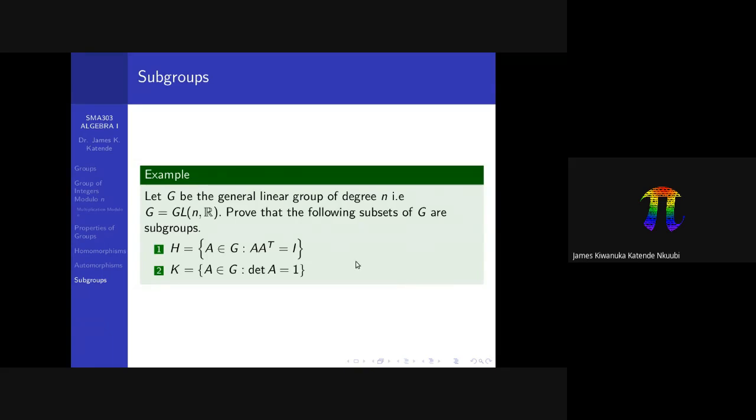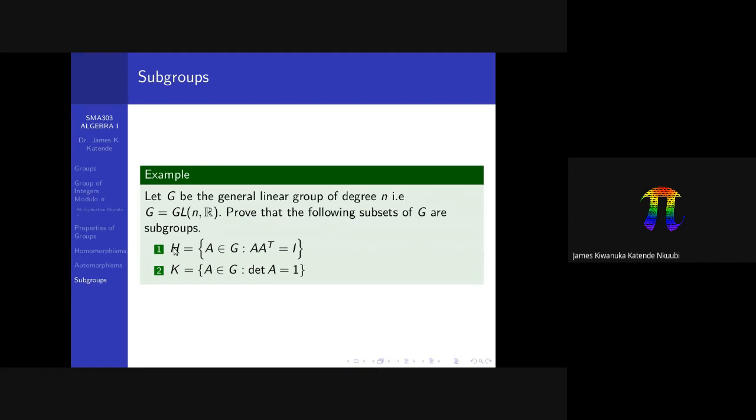So here is an example, or more examples of subgroups, and we want to apply the theorems that we have learned to prove that these are subgroups of the general linear group, degree n. So suppose we take G to be the general linear group, so that's a set of all invertible n by n matrices with real entries. Now we have two sets.